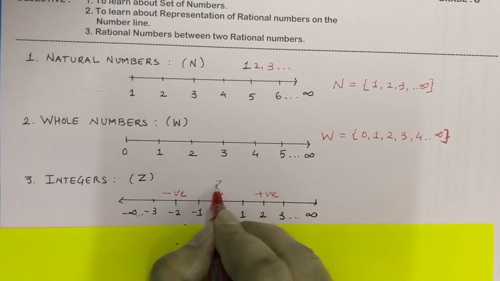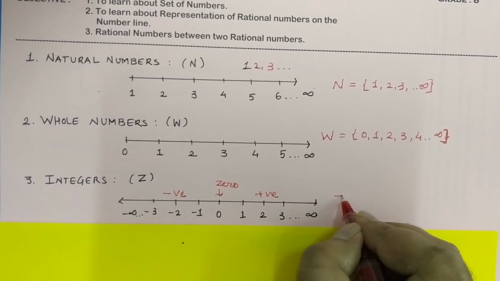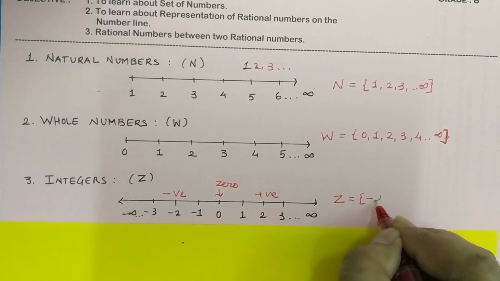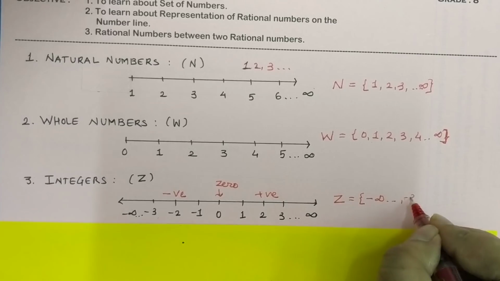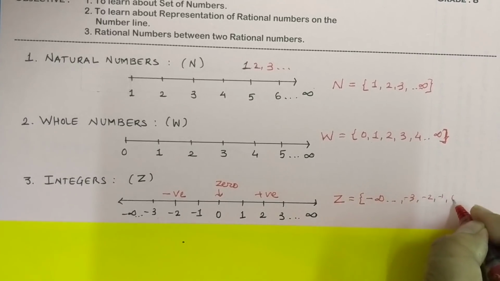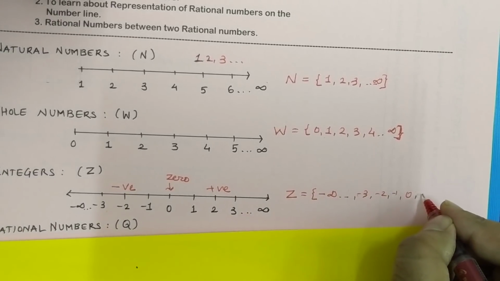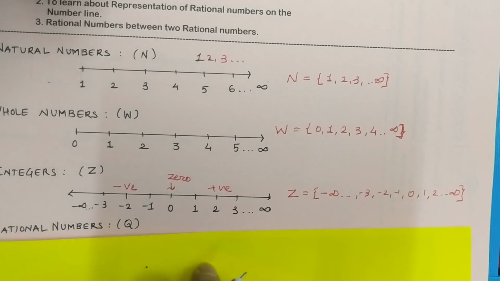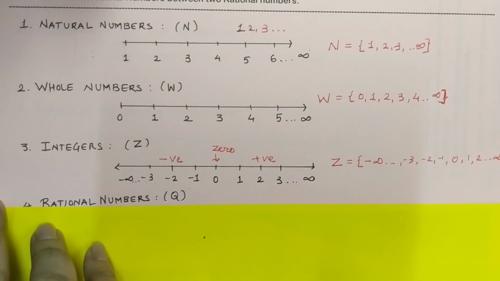In the integers, denoted by capital Z, it includes negative infinite, minus 3, minus 2, minus 1, then 0, and here we have 1, 2, and so on, and plus infinite. Got it? So in this way we will have the integers.